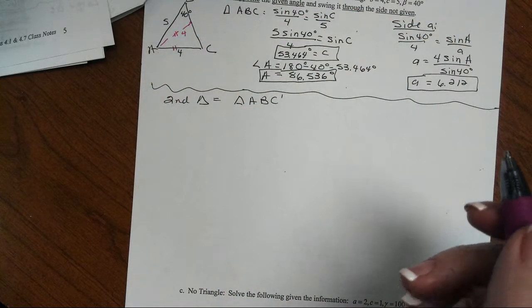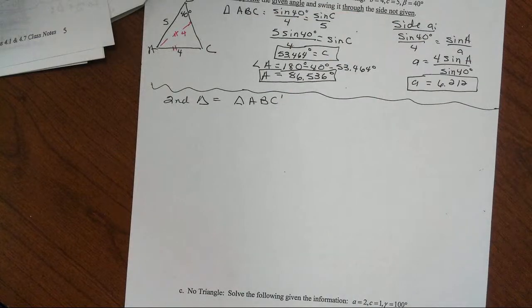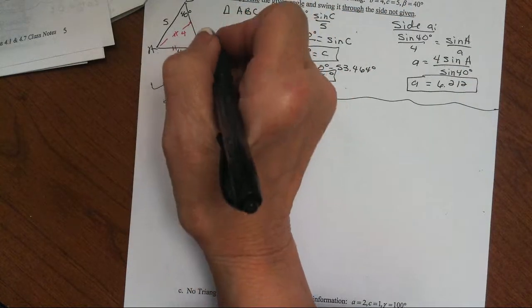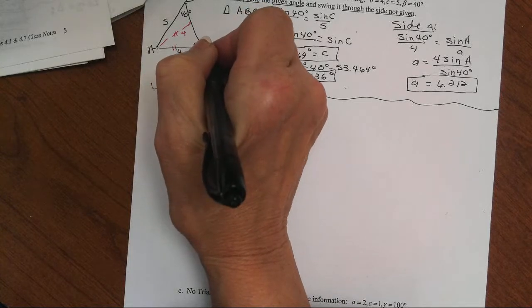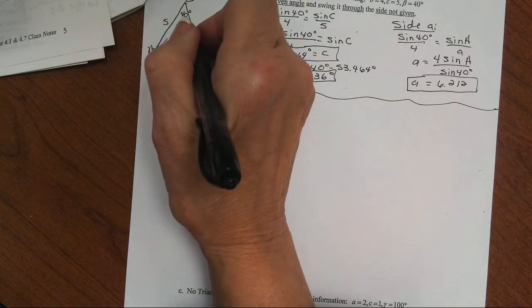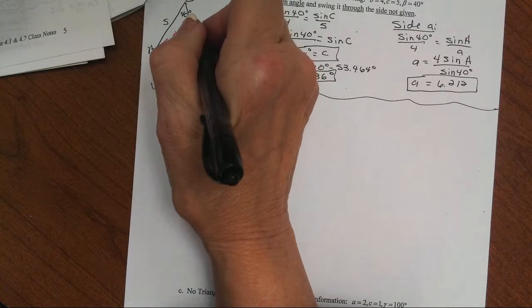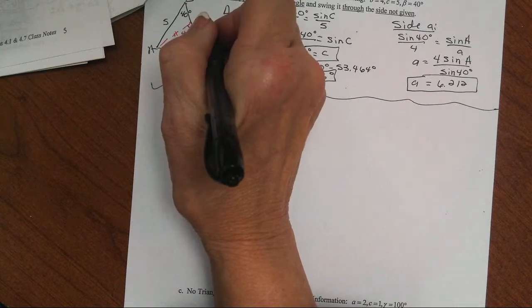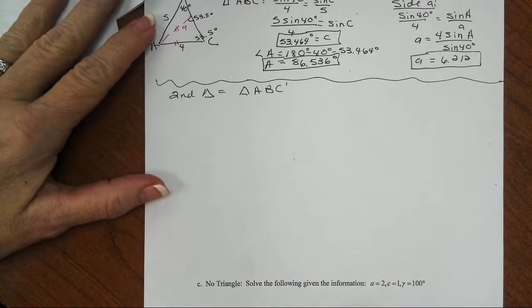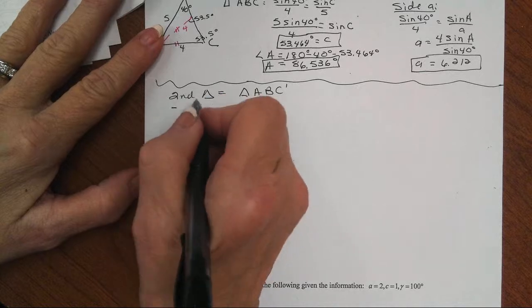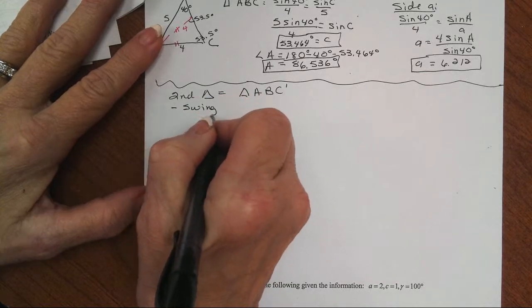We know that this is approximately 53.5 degrees right here. And so that means this angle also will be approximately 53.5 degrees because of the isosceles triangle.